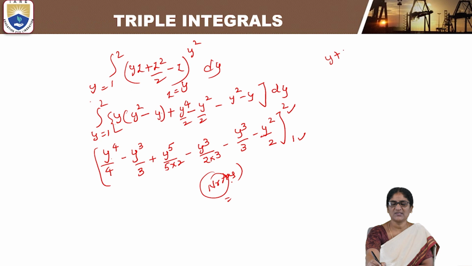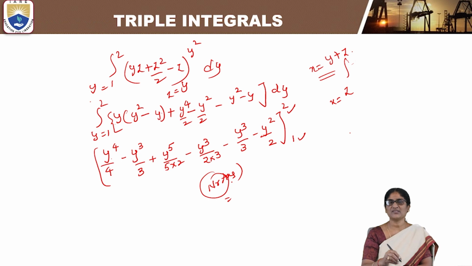Suppose y plus z is one of the limits, that means it belongs to x, because x, y, z are the three variables there. So the integral is from y to z to y plus z. That means they belong to x values. So in that way, first x has to be eliminated, and then the triple integral is converted into a double integral.